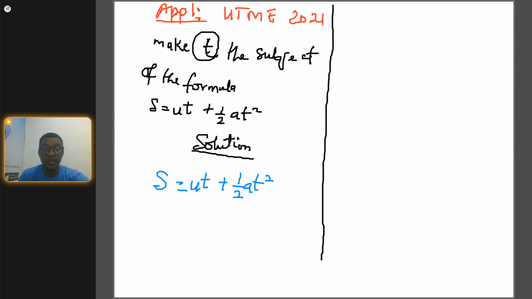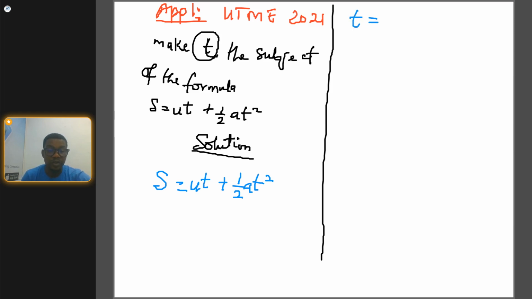And when you look at this formula, if you are very conversant with your physics, this is an equation under equation of motion in physics. What I have to do is work it out so that t will be equals to something. That's what I'm after.